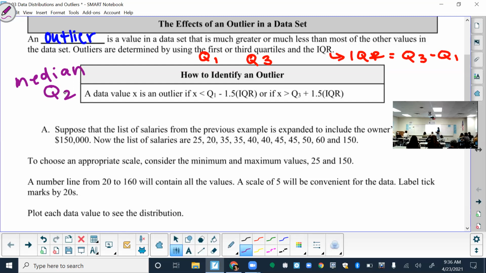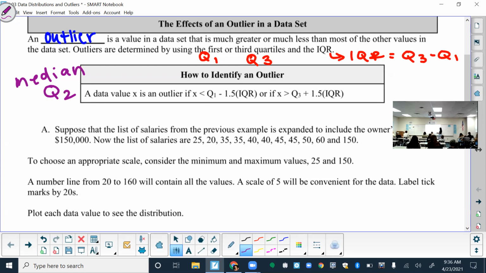Here is the formula for how to verify that something is an outlier algebraically. All right, so if we have a data value, and we'll call it X, but it'll be replaced with whatever number you're told to figure out is an outlier or not. The X will be an outlier if it is either a lot smaller than the rest of the data or a lot bigger, and there's a different formula for each one.